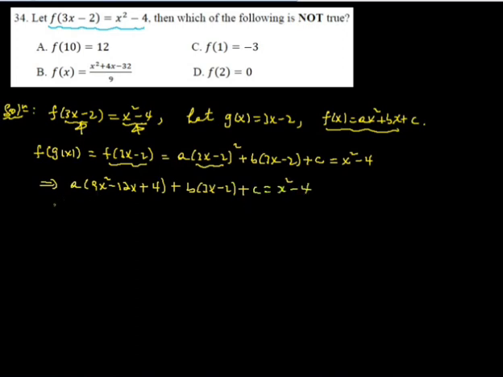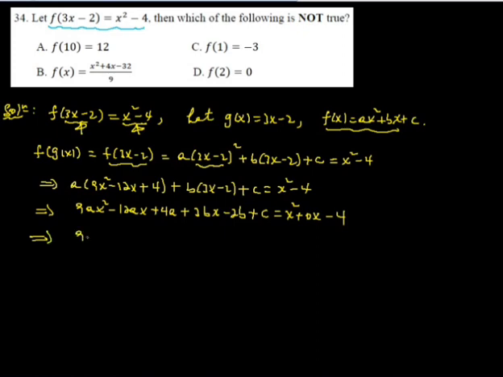Okay, distributing a, b here, you will get 9ax squared minus 12ax plus 4a plus 3bx minus 2b plus c is equal to x squared plus 0x minus 4, because here we are going to compare two quadratics.